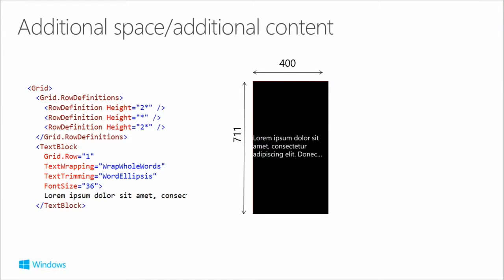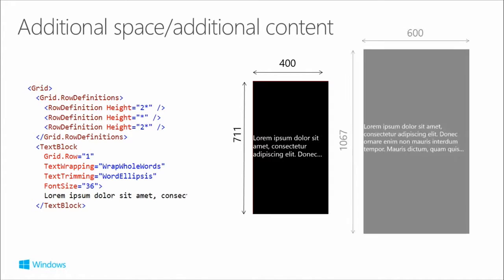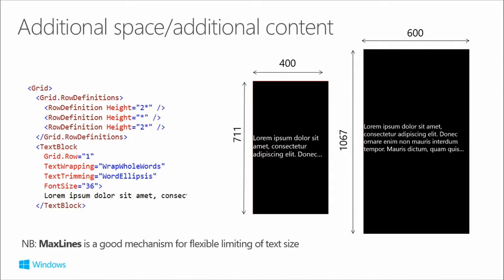So looking at some of the additional space content in practical XAML, here we have some text on a lower-sized device. You can see we've got the text wrapping, and we've got word ellipses, so whenever that text runs out of space, and in this case it has 20% of the screen space, it's just going to go to the ellipsis. On a larger screen, 20% of space means substantially more room for that text.